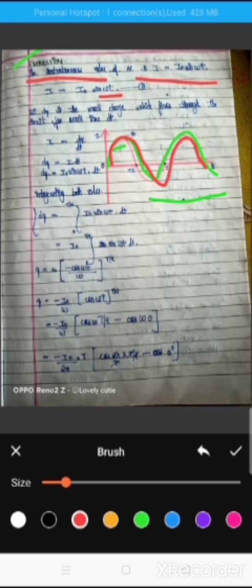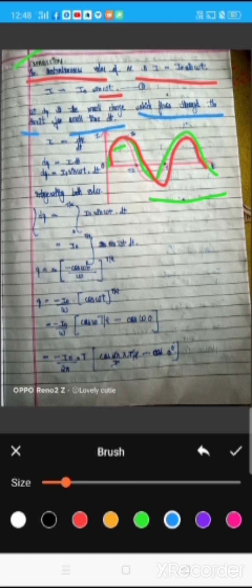Now we need to suppose here that let dq is the small charge which flows through the circuit for small time dt.